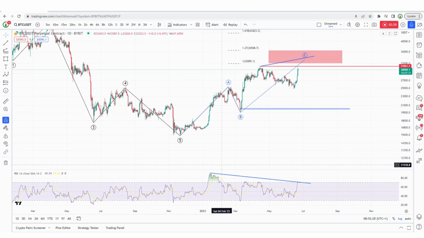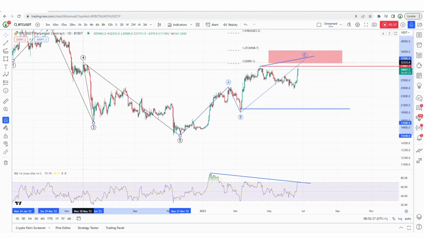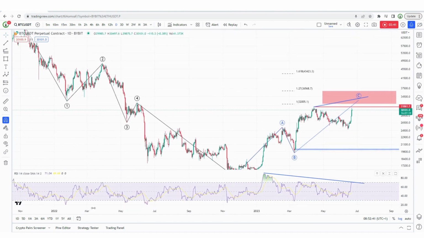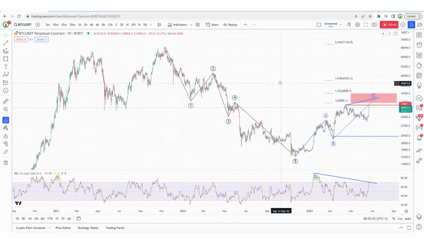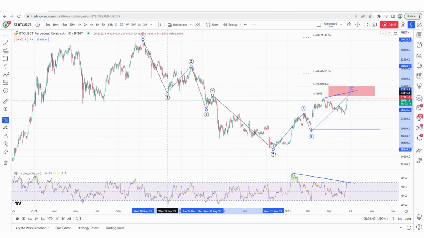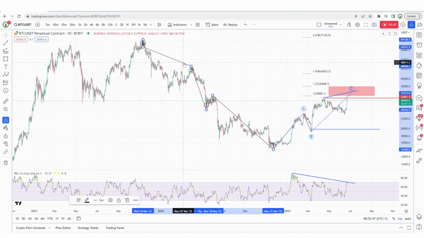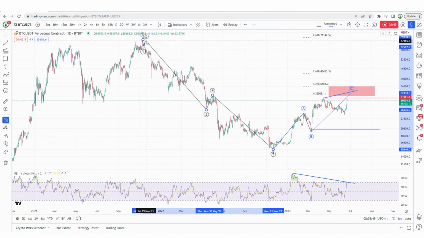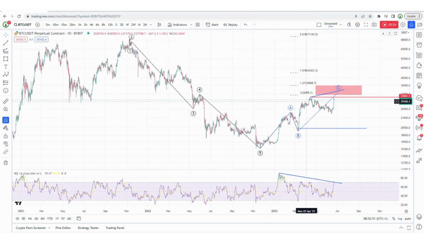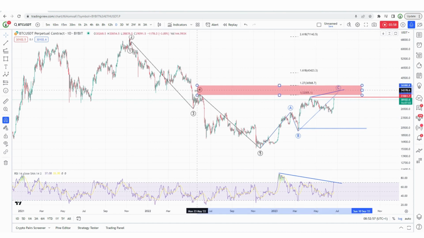The other thing that this could potentially be is that the fourth wave could actually be up here, and this is a completion of wave 3. And actually wave 1 is all the way up here, wave 2 is up here, and we've just come up to where wave 4 is, and this is a typical crashing structure.